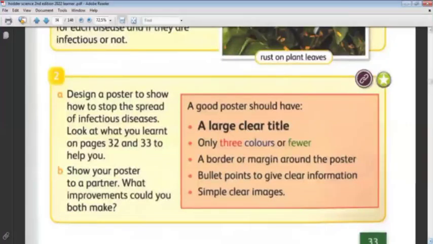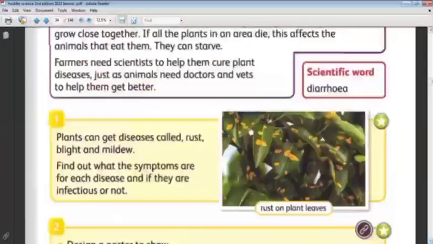What about how to stop the spreading of the diseases of the plant? How to decrease the spread of diseases of the plant? I don't know. By treating them quickly.